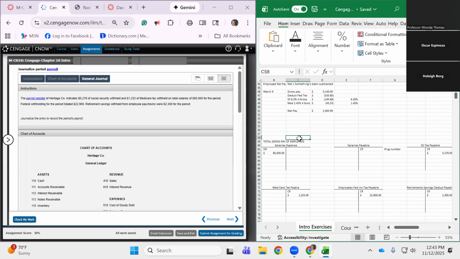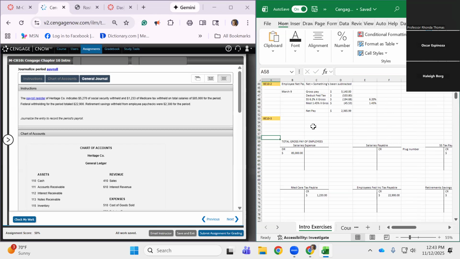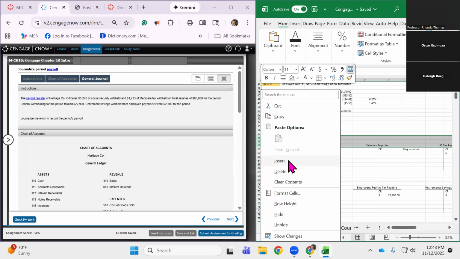Let's go ahead and add these up just so that you can see it. The Social Security tax payable, the Medicare tax payable, the employees' federal income tax payable, and the last one is the retirement. We're going to add these together and see what happens.